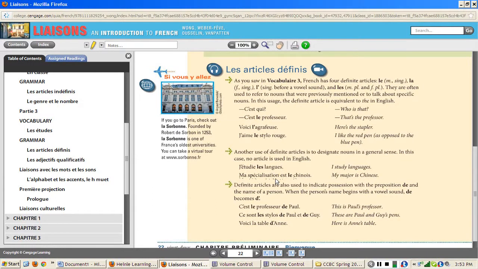Ma spécialisation est le chinois. You're always giving the article. You have them here too to talk about possession. C'est le professeur de Paul. Ce sont les stylos de Paul et de Guy. Voici la table d'Anne. Voilà, you have these definite articles where in English you would drop them.